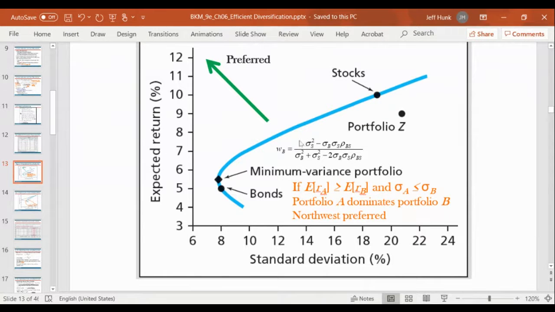And of course, this frontier, obviously the frontier is, the better, the more preferred, the more northwest the frontier is situated or located, right?